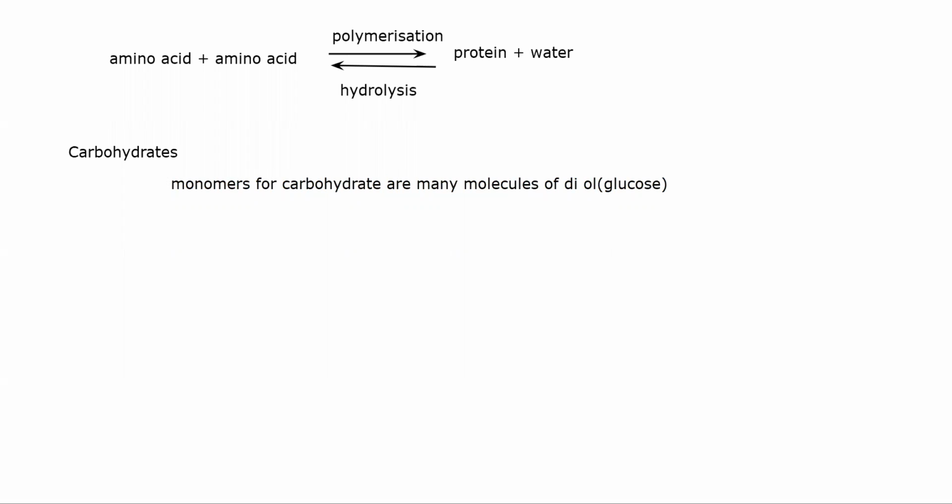So if I draw the structure for the monomers, what are the monomers here? We have diol, the di means two, so two OH groups are there, and between them there's a carbon chain, but that's not important for the structure. That's why we can just use a symbolic representation.